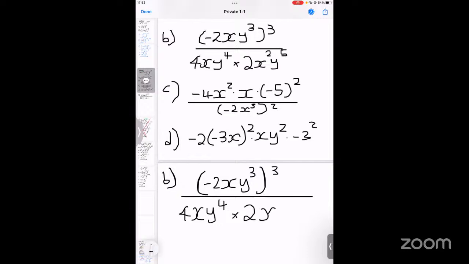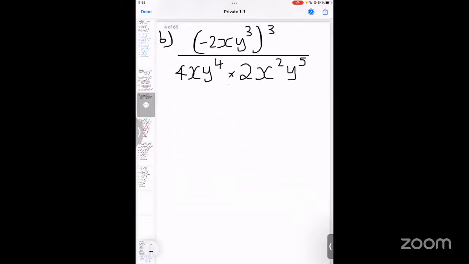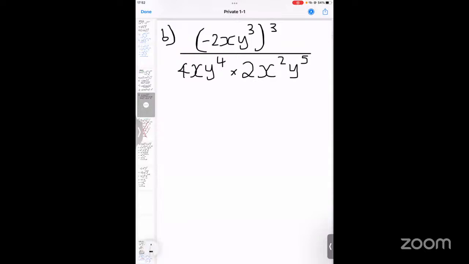So what you should just be aware of here, Langelihle, is that things are getting tougher now. We are combining the laws. You'll find that you apply law 1, all of a sudden you're applying law 2, and then law 3, all of a sudden is law 4. So it's like you are now applying all the laws in one problem. So that's how difficult it can get. But we still have a long way to go, Langelihle.